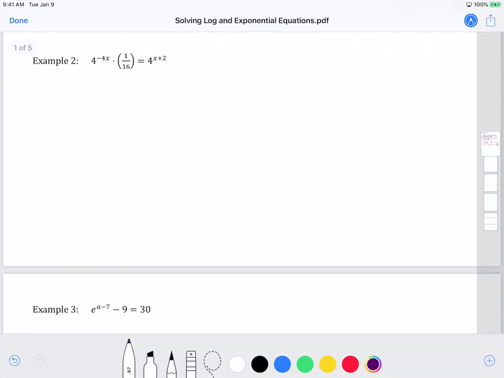Okay, second example. In this example, this one's a little bit tricky because I have 2 exponential parts. So in order to isolate the exponential, I have to combine those 2 exponential parts together. So what I'm going to do is divide both sides by 4 to the power of negative 4x.